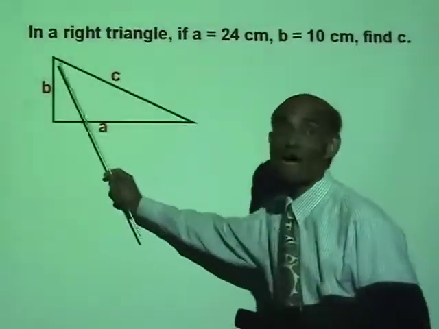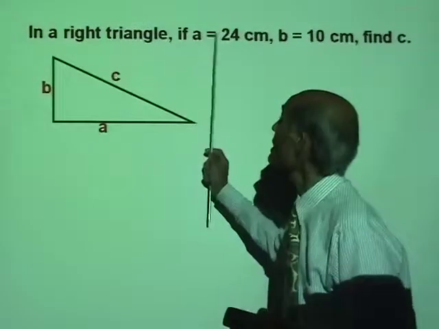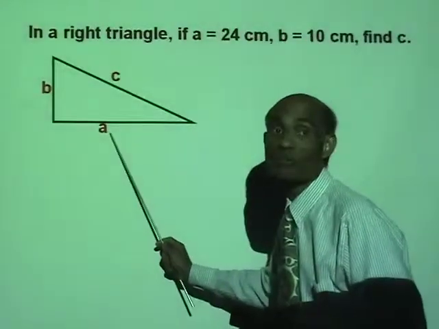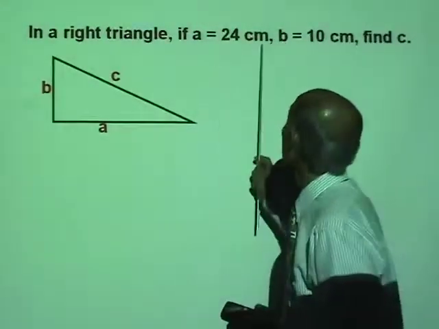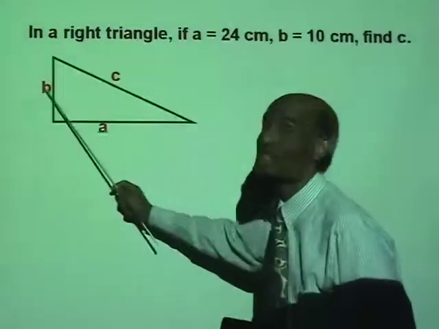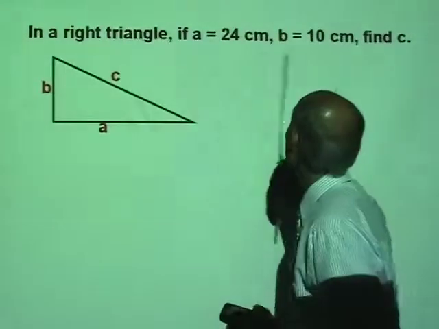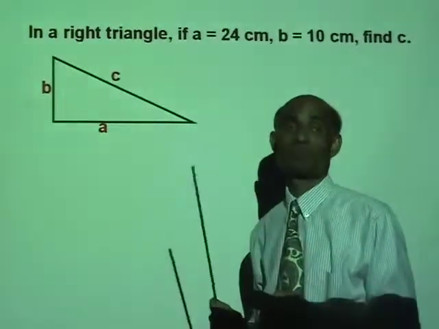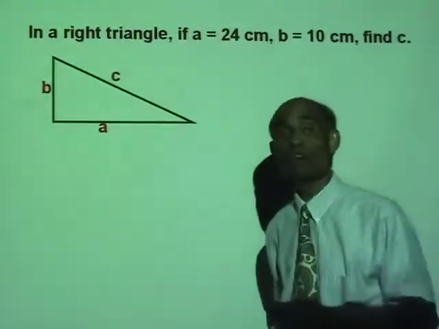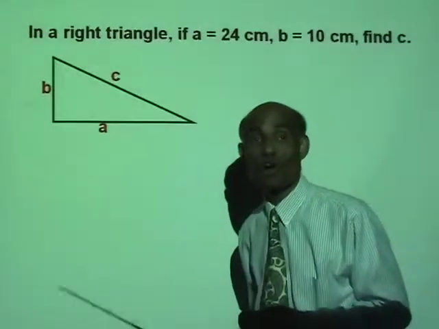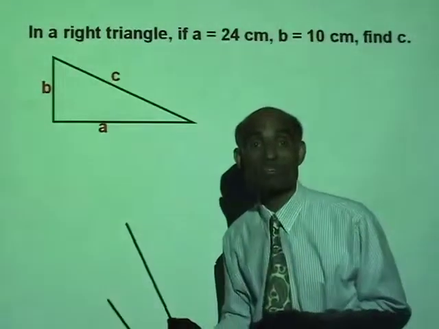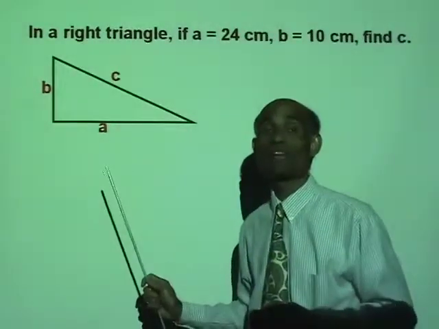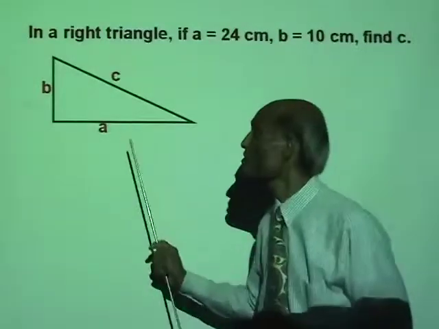In the right triangle, A equals 24, I gave you the value of A. B equals 10 centimeters, I gave you the value of B. Find the value of C. Now, how will you go about doing that? First of all, use the Pythagoras theorem and write down that equation. What is the equation?